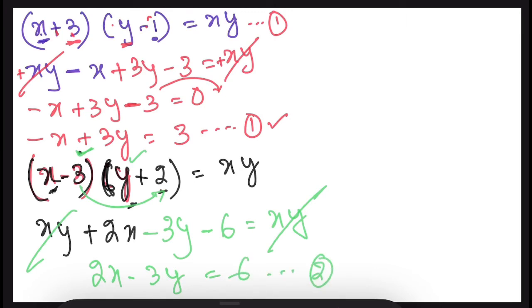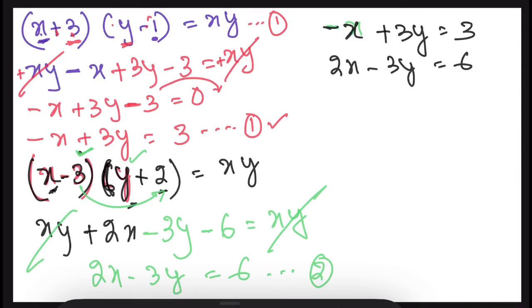Okay. Now let's see, minus x plus 3y equals to 3, 2x minus 3y equals to 6. So easily you see the coefficient of y is what?